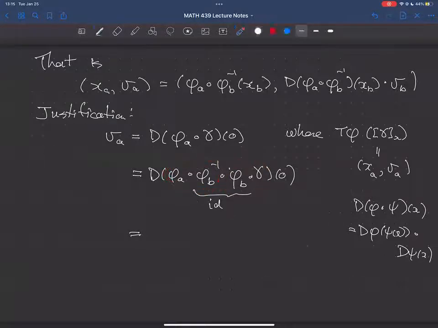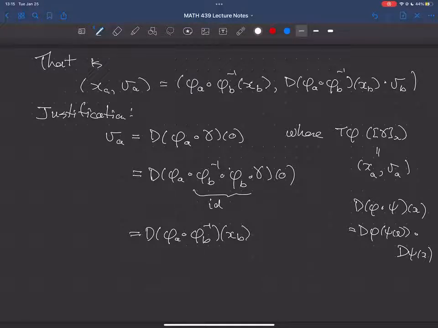Okay. And so this is D of phi A composed with phi B inverse, acting on, okay, so what's the point here? The point psi of x here is going to be phi B composed with gamma of 0, but phi B composed with gamma of 0 is X_B. That's the definition of X_B.